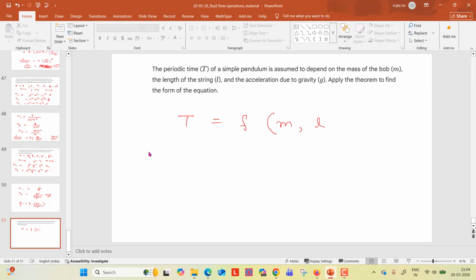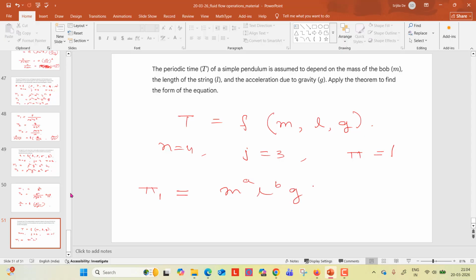So n is 4, j is 3, and the number of pi is 1. So pi 1 will be, there are 3 repeating parameters, so it will be m to the power a, l to the power b, g to the power c into t.